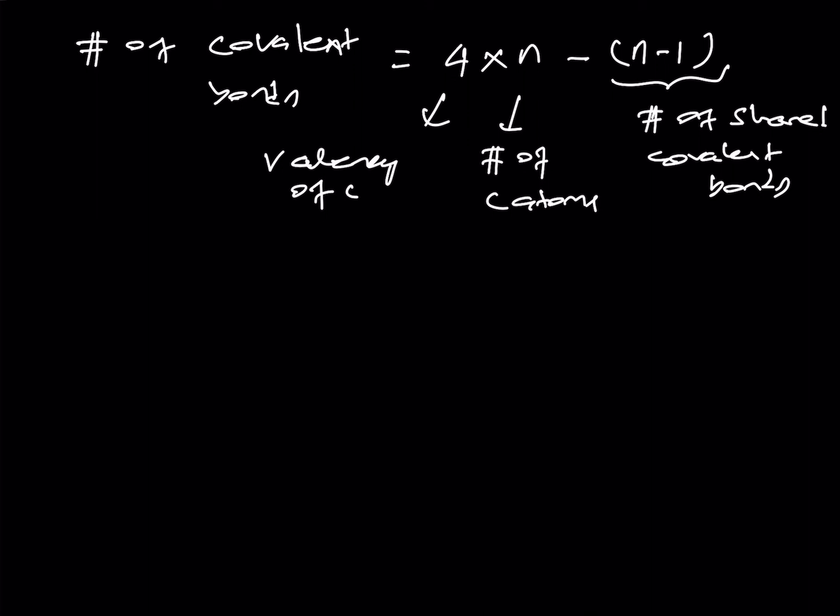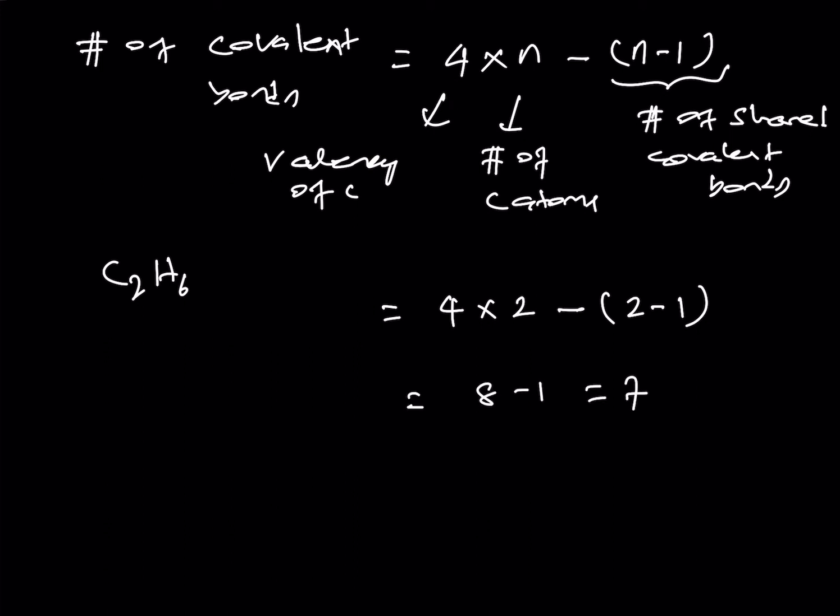Let us cross check that. For C2H6, 4 times 2 minus 2 minus 1, so 1, so 8 minus 1, 7. Let us cross check that for a higher elemental composition. Let's say we were given C5H12.